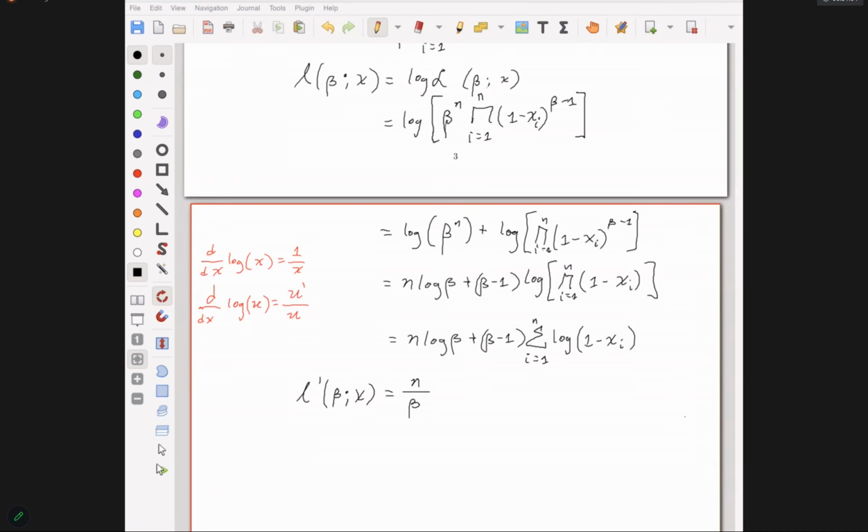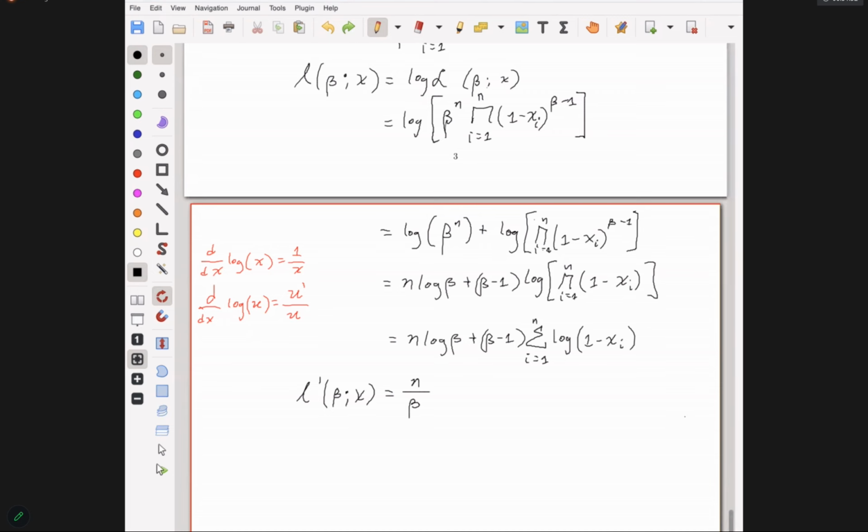Derivative with respect to beta of that whole second term. The derivative of this thing with respect to beta is just 1.